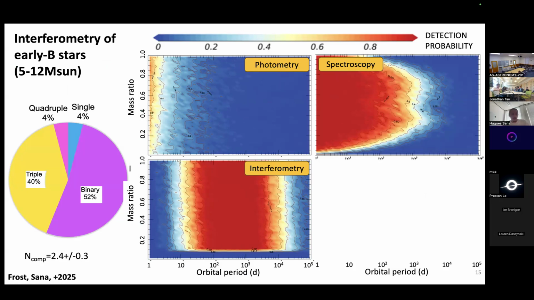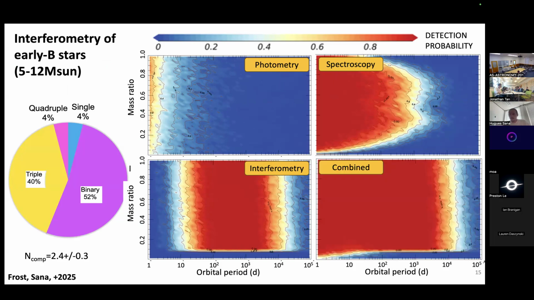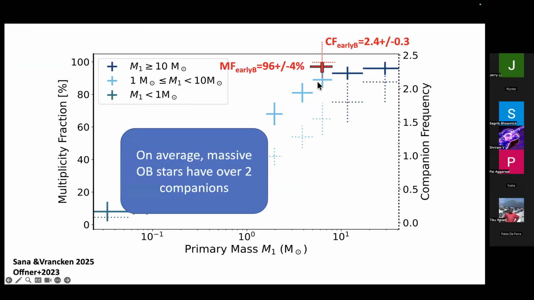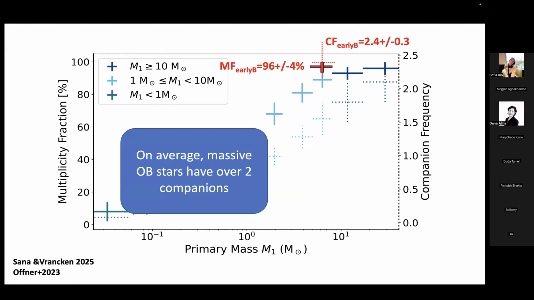And what we found is that whenever you combine all those techniques, you're actually boosting the true binary fraction up to almost 100%, and you're reaching a number of companions that is very, very similar to that of the most massive stars.